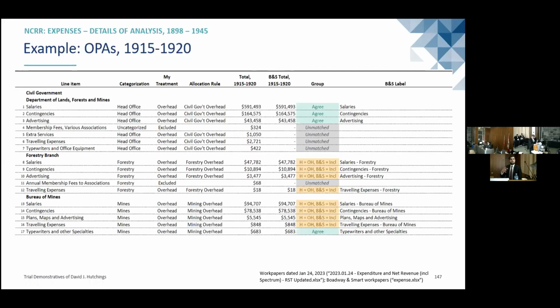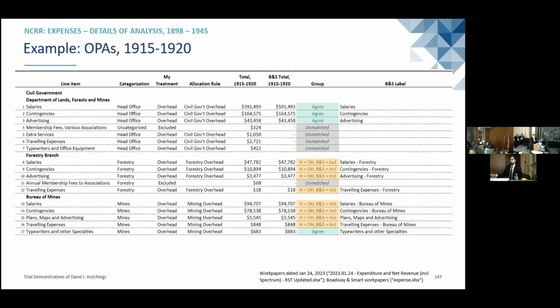Again, this is not related to a specific mining function at the moment. So I treat this, my allocation rule is mining overhead. So when we get into other expenses more directly or indirectly related to mining, I'll allocate this in proportion to that overhead ratio. That's when you do rents or when you do both.